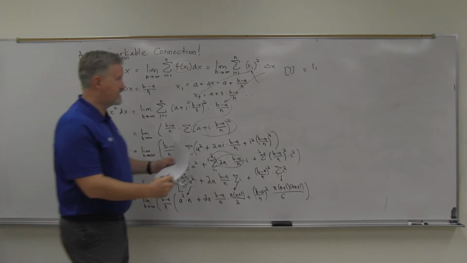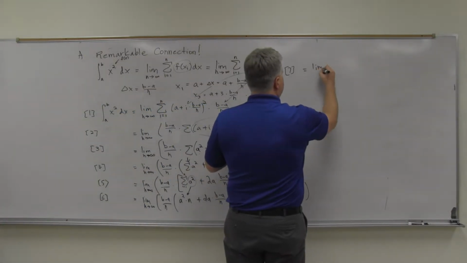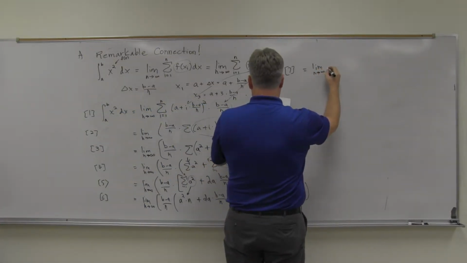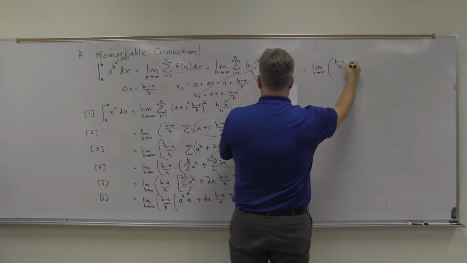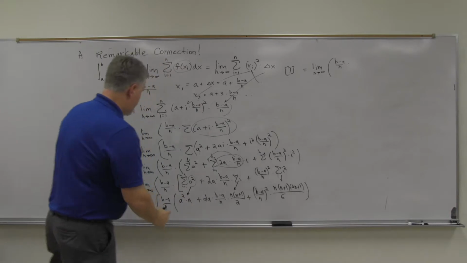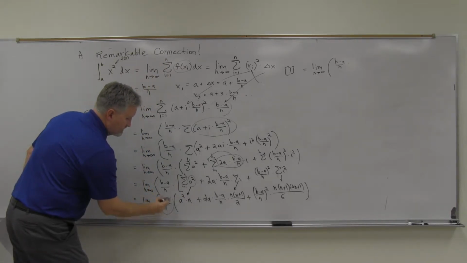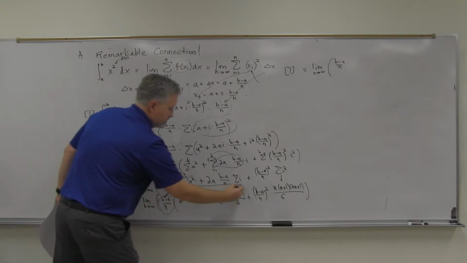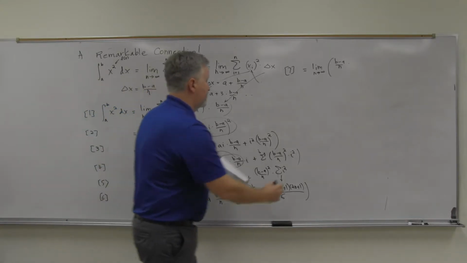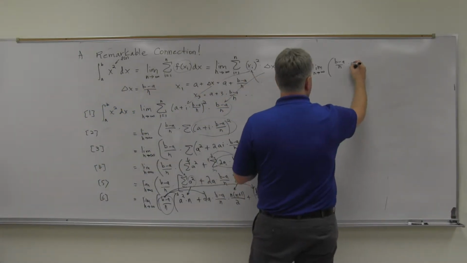Okay, so line 7. We'll have the limit as n goes to infinity. We got it on paper. It's (b minus a) over n. Okay, so what did I do for line 7? On line 7, I just took this (b minus a) over n and multiplied it by all 3 parts. So I have (b minus a) over n times n times a squared.